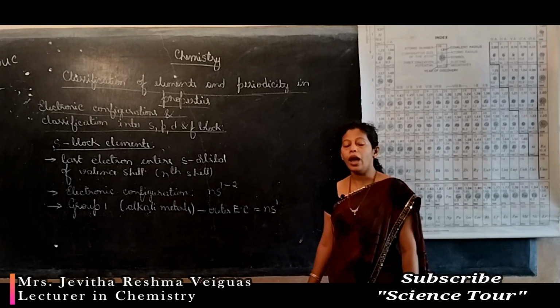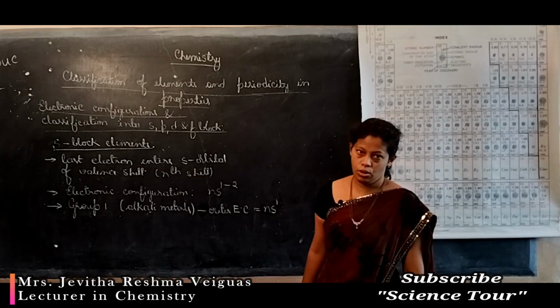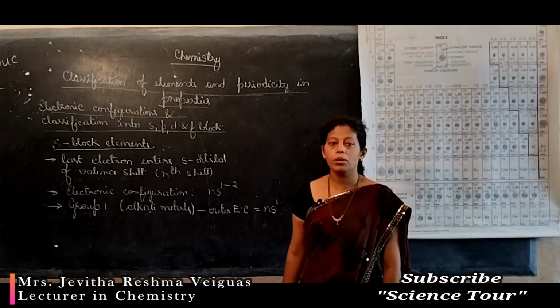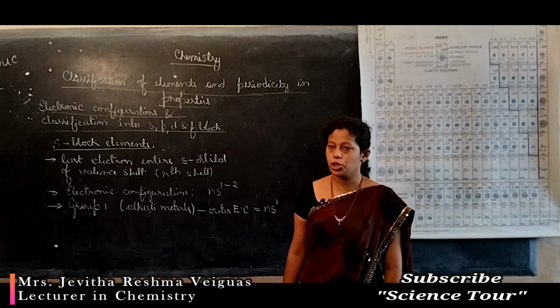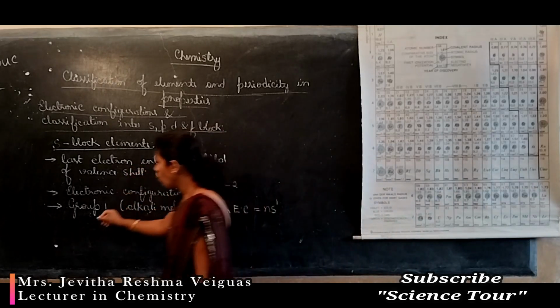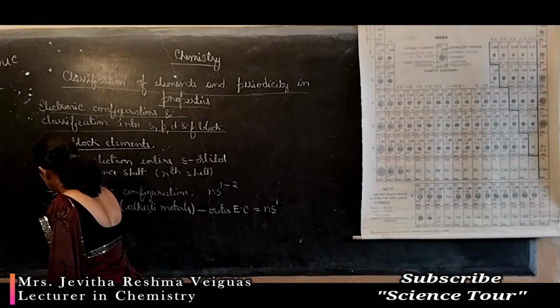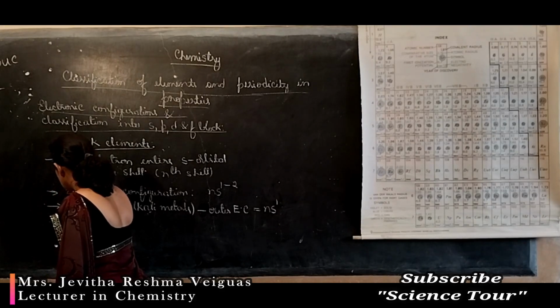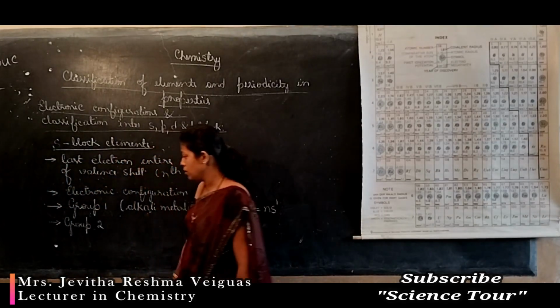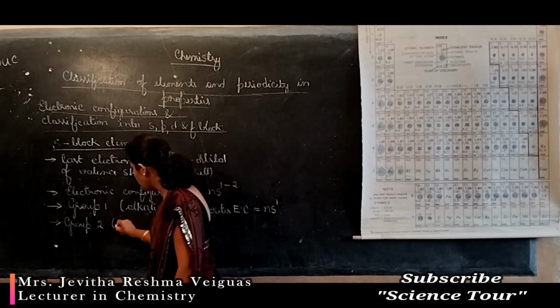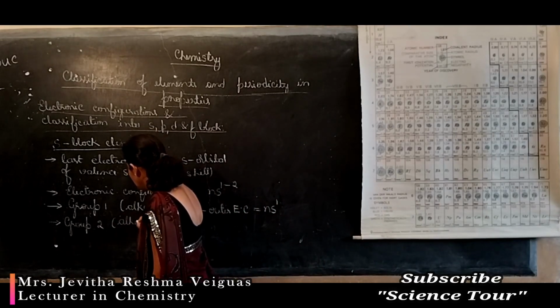Means they have 1 electron in the S orbital of the valence shell. Whereas one more group, that is group 2, which also is called as S block elements, they are also known as alkaline earth metals.